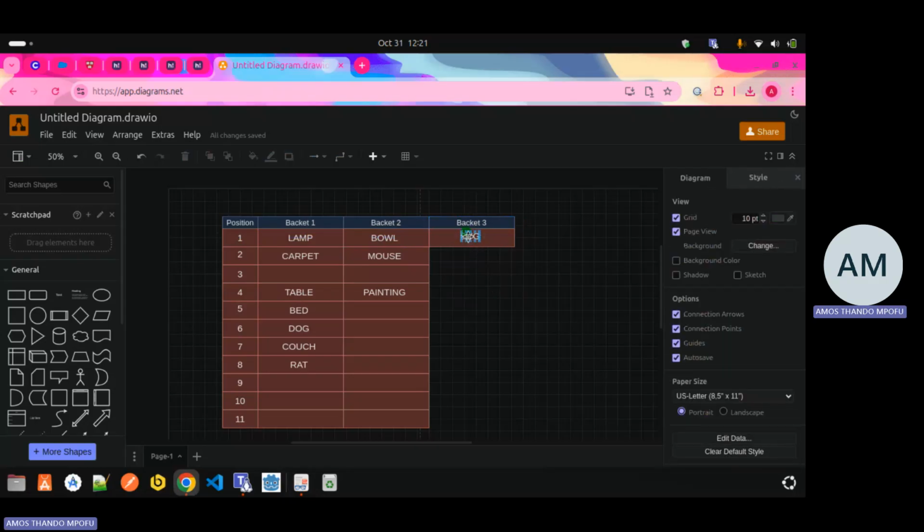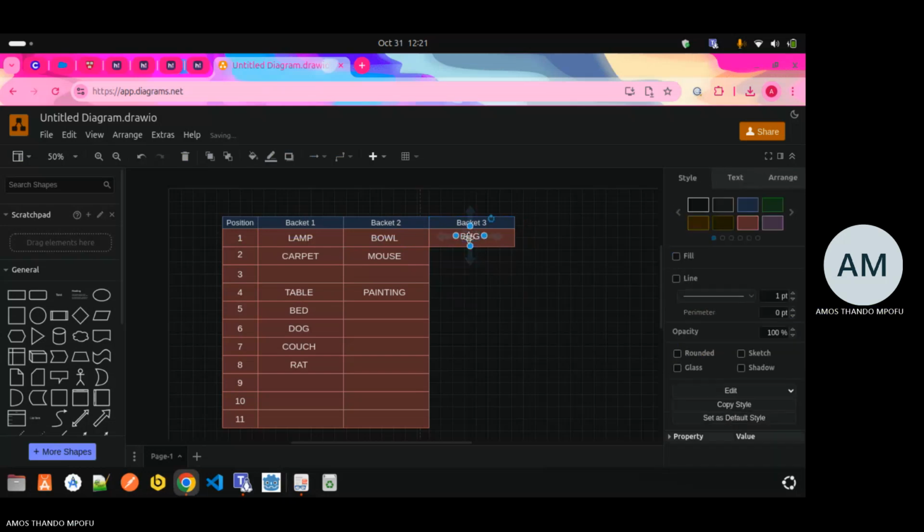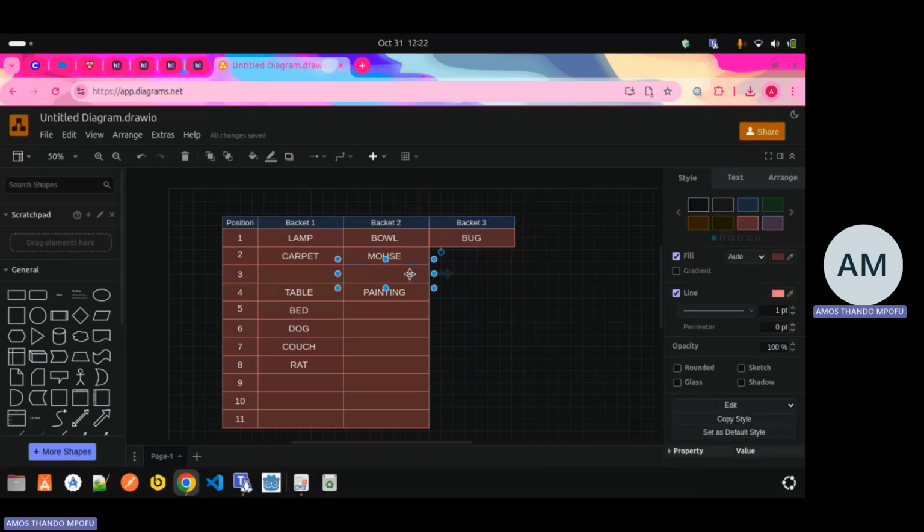Okay, so that's fine. And then now I need to finish filling up this bucket with the empty rows, or with empty cells.